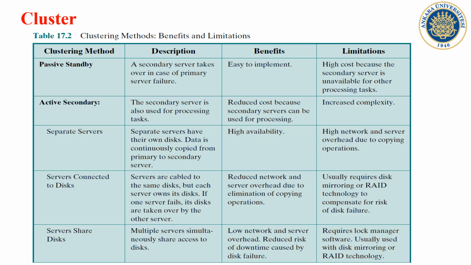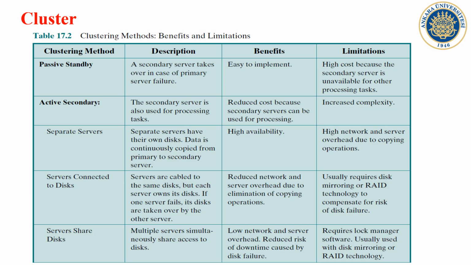The separate servers model uses servers with their own local disk and no disk sharing. Data is continuously replicated to allow failover. This approach provides high availability, but the constant data copying creates high network and server overhead.